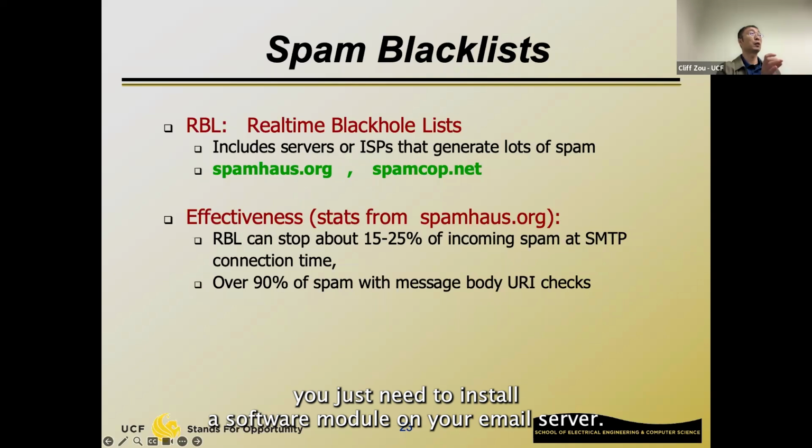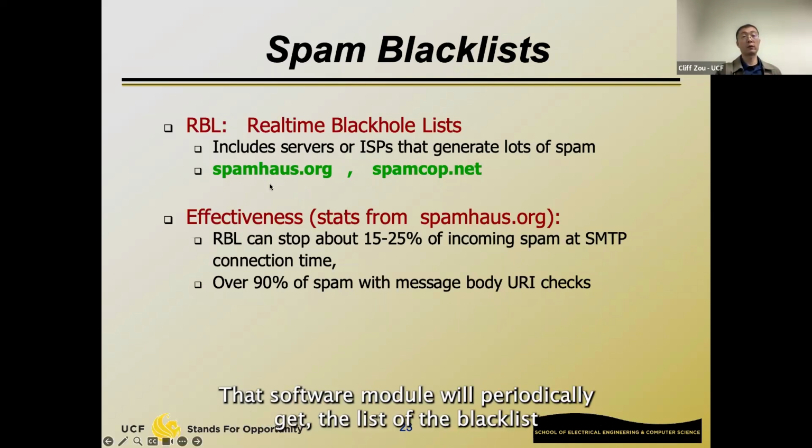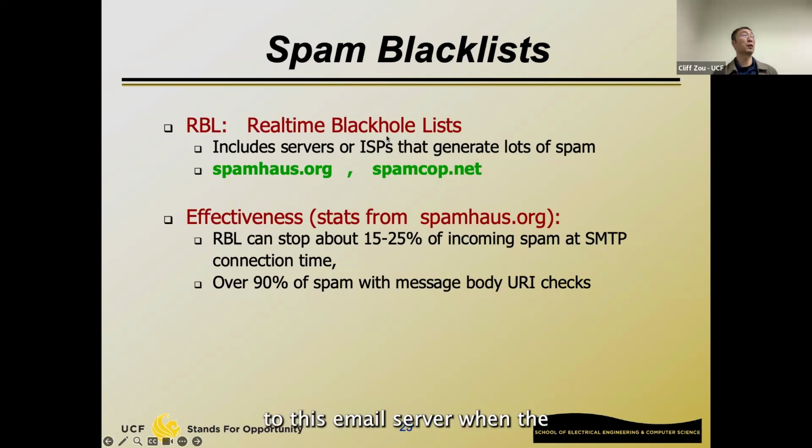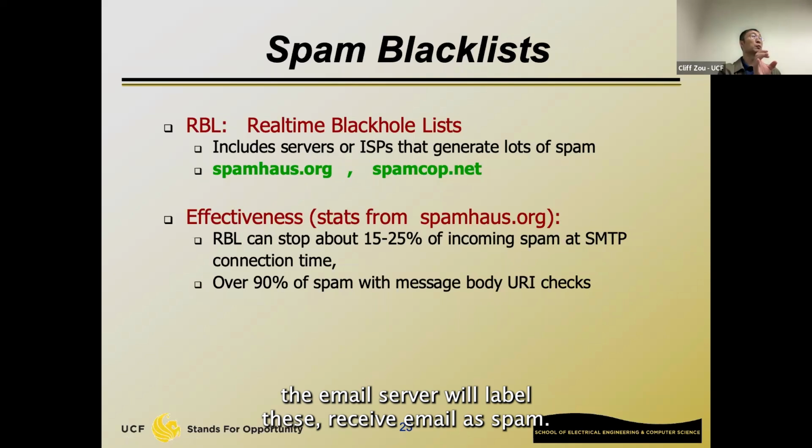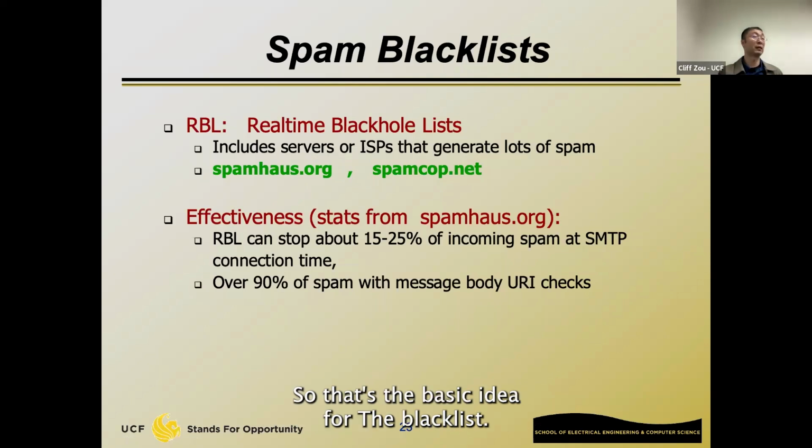You just need to install a software module on your email server. That software module will periodically get the blacklist into this email server. When the email server receives an email from one of those blacklisted IP addresses, the email server will label the received email as spam. So that's the basic idea of the blacklist.